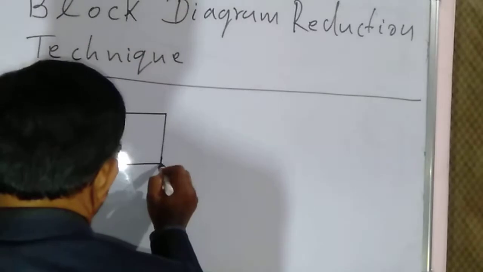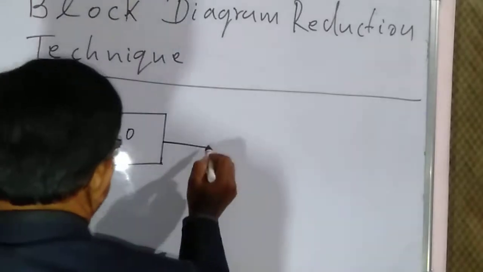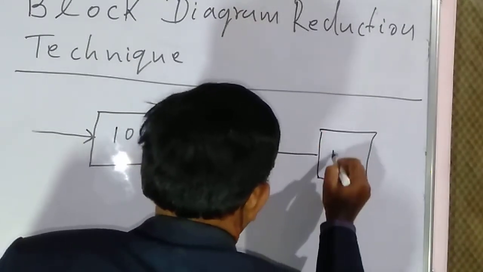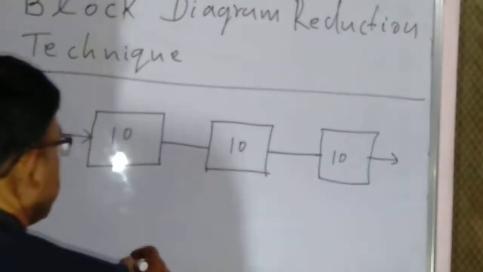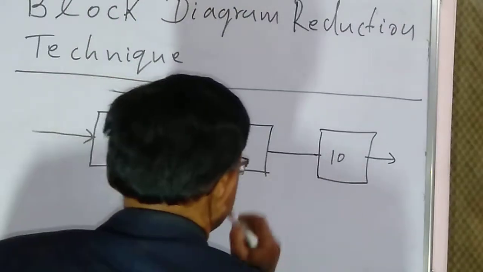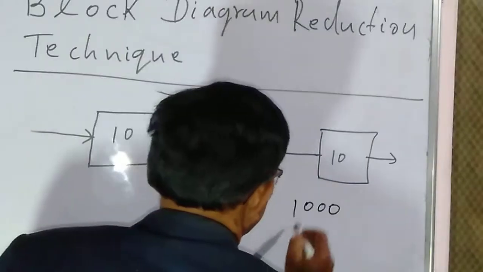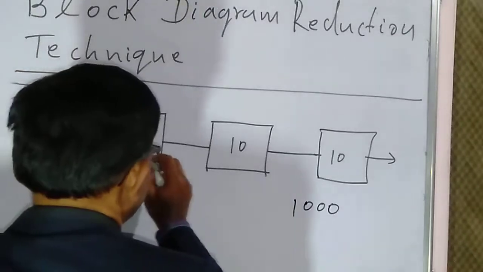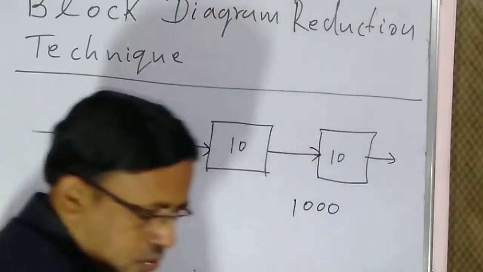Let us assume that the stage 1 transfer function is 10, stage 2 transfer function is also 10, and stage 3 transfer function is 10. Then what is the overall transfer function of these three stages? That is the multiplication of these three transfer functions, that is 10 into 10 into 10, that is 1000.